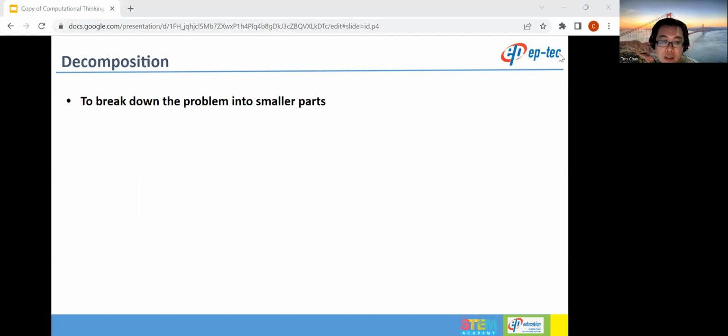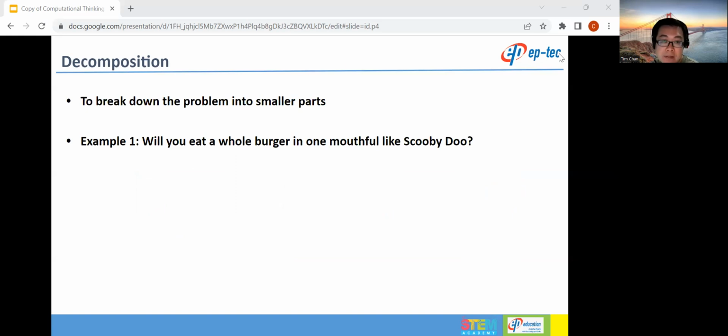Decomposition, as I shared just now, is about breaking down problems into smaller parts. An example is eating a burger. A burger is usually quite big, bigger than our mouth, right? Would you be able to eat a burger in one mouthful, just like Scooby-Doo in the cartoon?